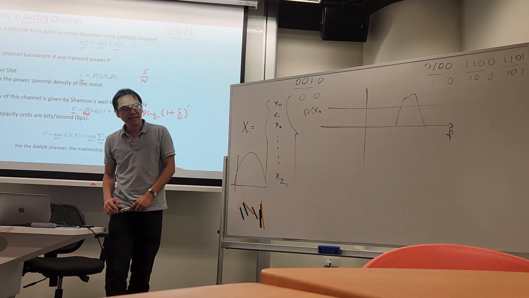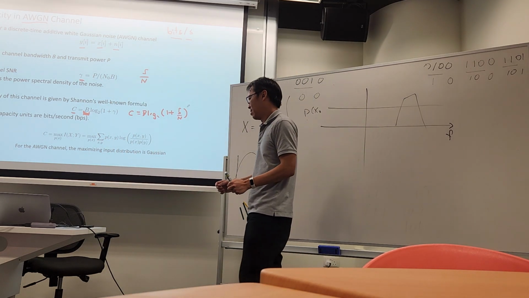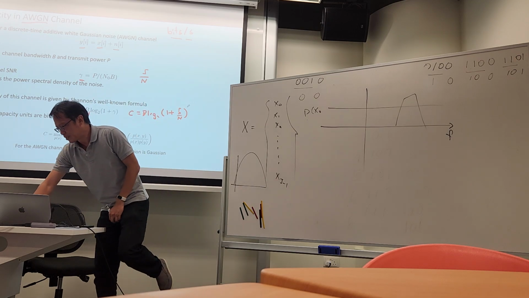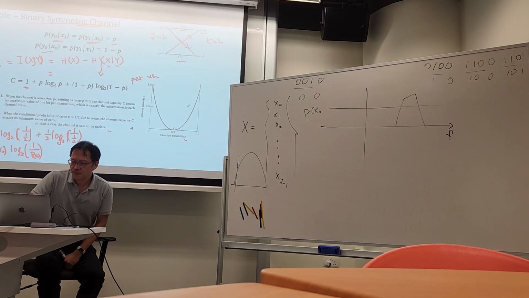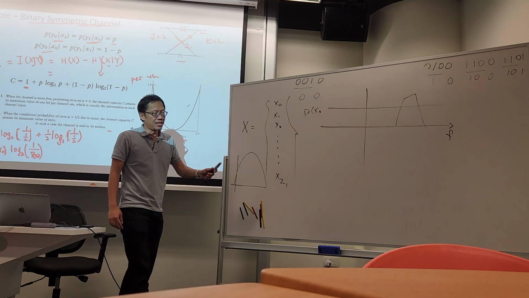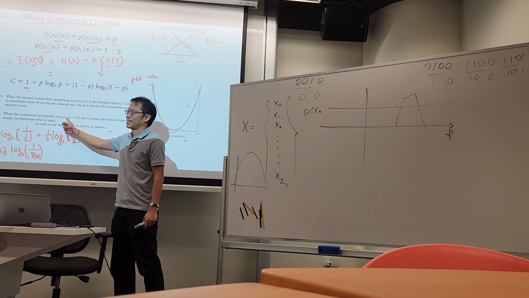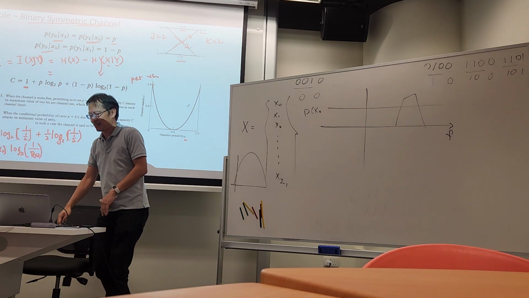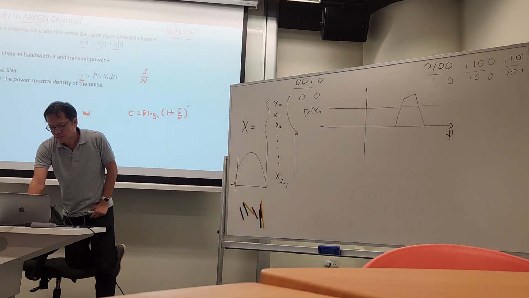And you can sense that the SNR is related to our error probability rate, because the higher the signal to noise ratio, the lower the probability of detecting an error.